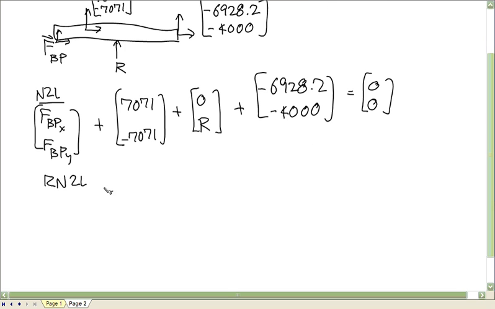And the rotational equation, I'll do this about the pin. So you could set up the table for this, but I think you'll find with almost all of these beam problems, calculating those moments comes out pretty simply.